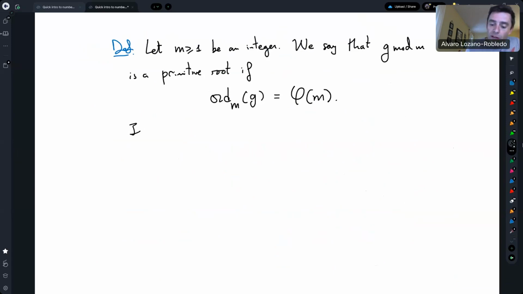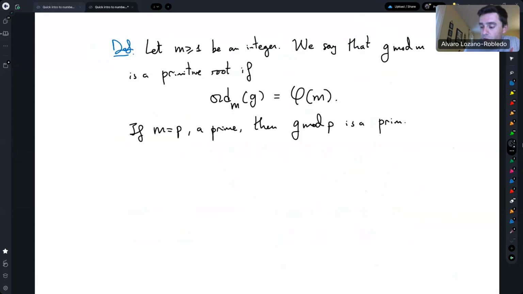So if m is p, a prime, then g mod p is a primitive root if the multiplicative order of g modulo p is p minus 1, which is the value of phi at a prime p.